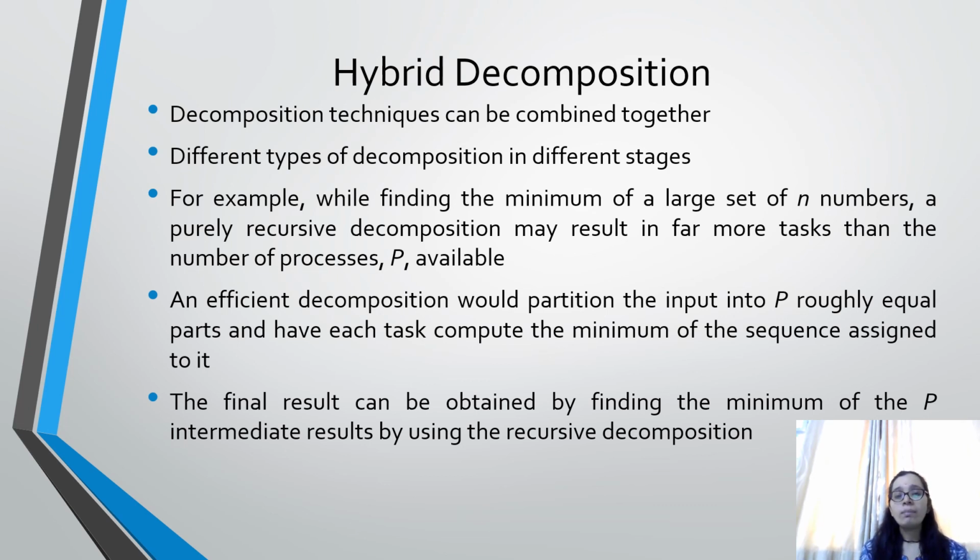Let us take an example of finding the minimum from a large set of n numbers. Here, two decomposition techniques can be used, that is data and recursive. Data decomposition divides the data into different partitions. So data may be divided by partitioning the input, partitioning the output, and so on. So let us see the example.